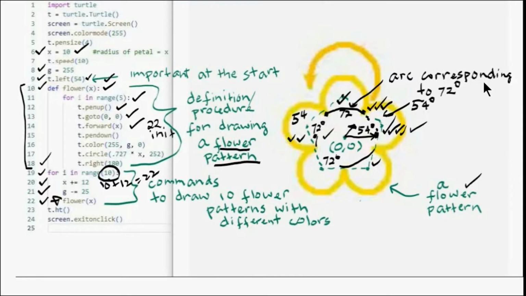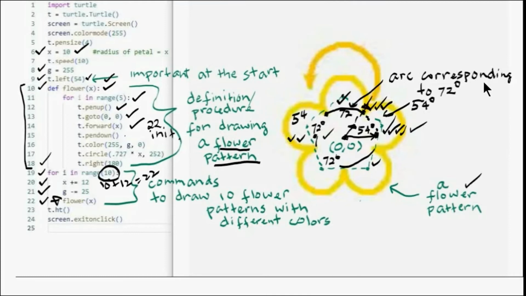So look at the right side of the screen. I'm starting with 0, 0, and then I'm going forward with the dotted line here, and then I end up here. Let me check that again. And then the direction of the turtle is like that.